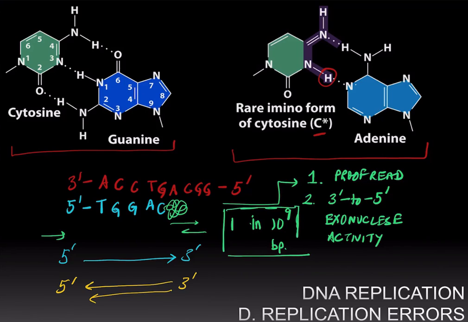Because of the proofreading and 3' to 5' exonuclease activity, DNA polymerase is a highly accurate enzyme which makes only one mistake in copying 1 billion base pairs.